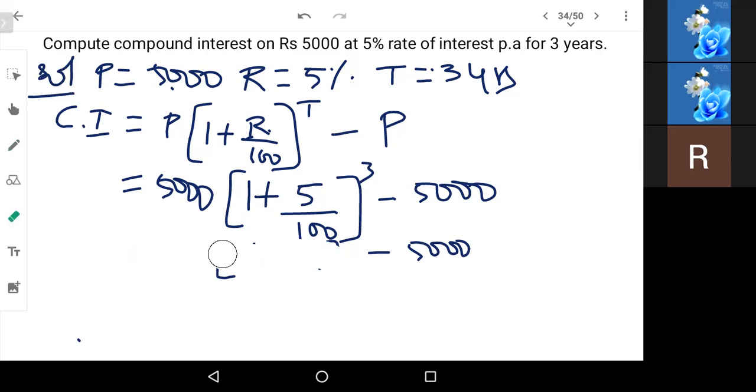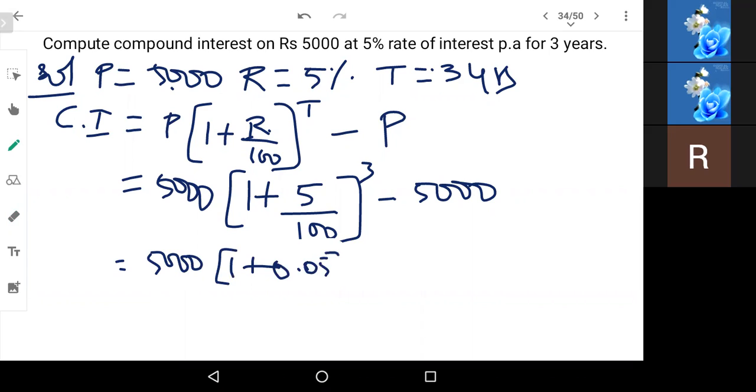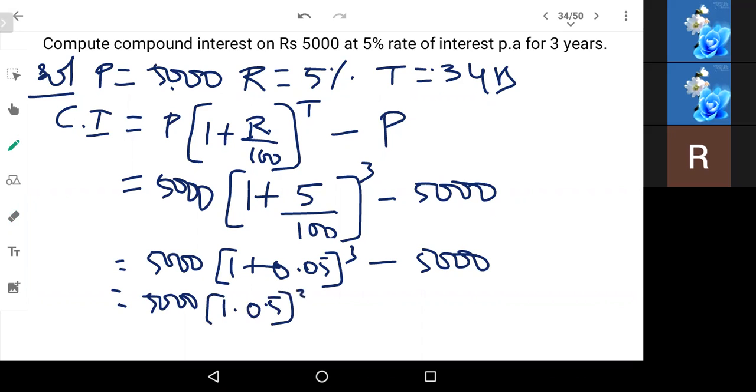Let us write this a little below because it can look overlapped. 5,000 into 1 plus 0.05 to the power 3 minus 5,000. So 5,000 into 1.05 to the power 3.